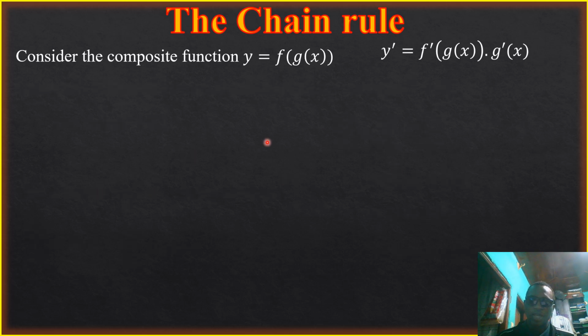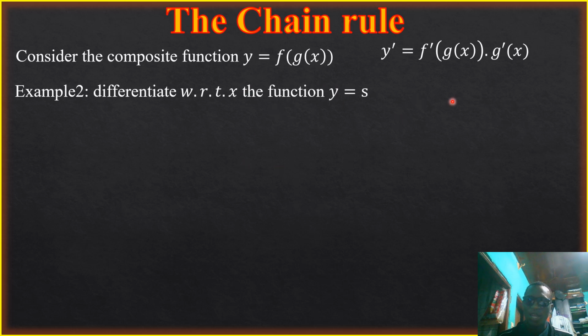So we look at the third example, and finally the last example in this tutorial. We have to differentiate with respect to x the function y equals sine of x squared plus square root of 1 minus x squared. We know very well that this is still a sine function.